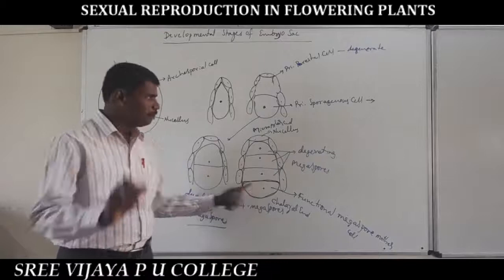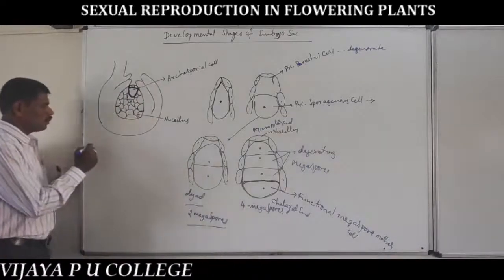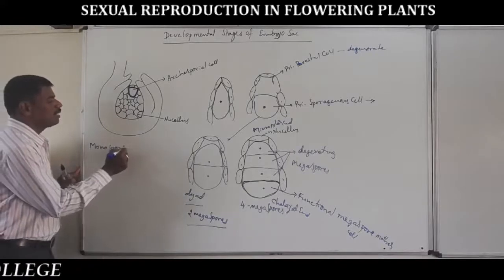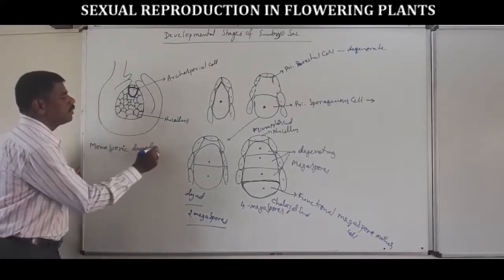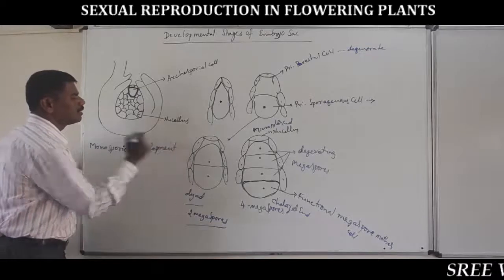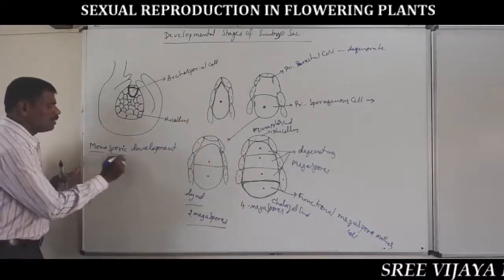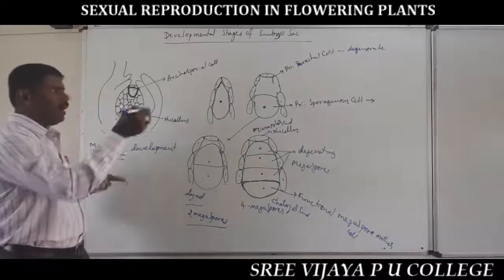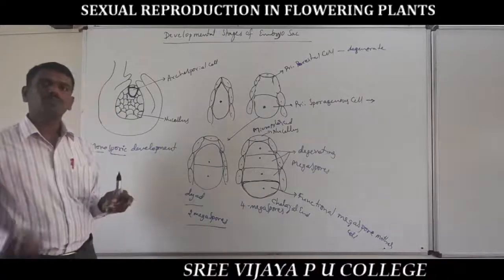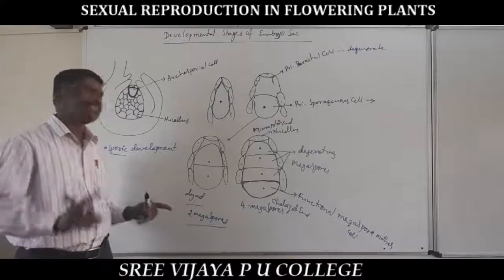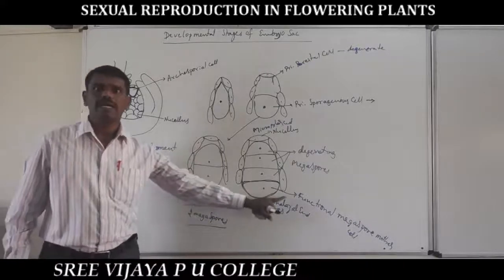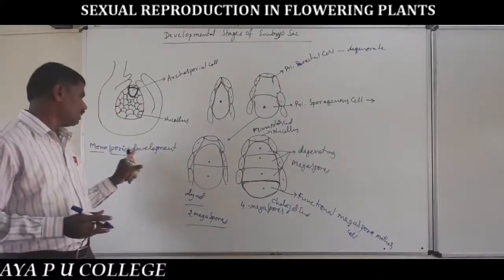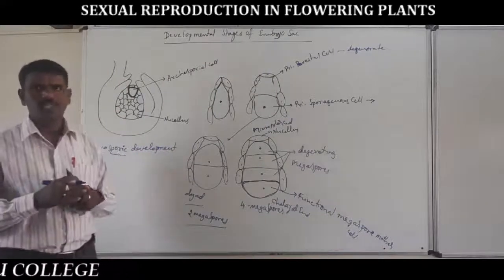This type of development is called monosporic development of the embryo sac. So the entire embryo sac is produced by only one functional megaspore. That is what we call monosporic development.